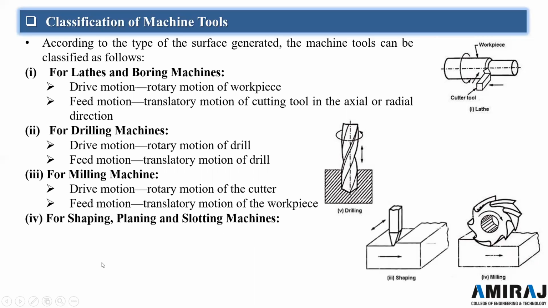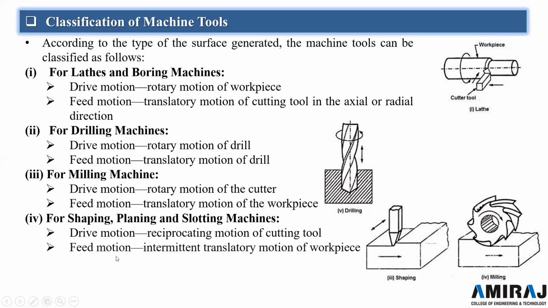Another is for shaper, planer and slotter. As you can see the shaper, here the feed motion, okay, is given to the workpiece, while the drive motion, the actual cutting force, will be produced by the tool itself, because the force will be given to this. So drive motion is the reciprocating motion of the cutting tool, while the feed motion is of the workpiece.